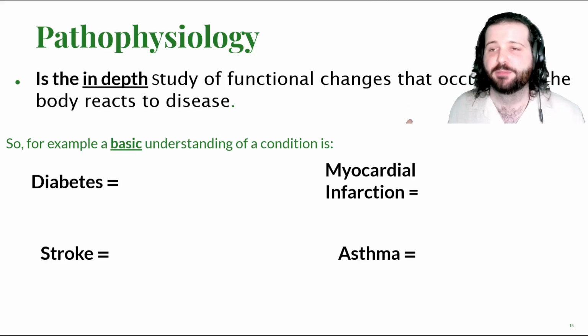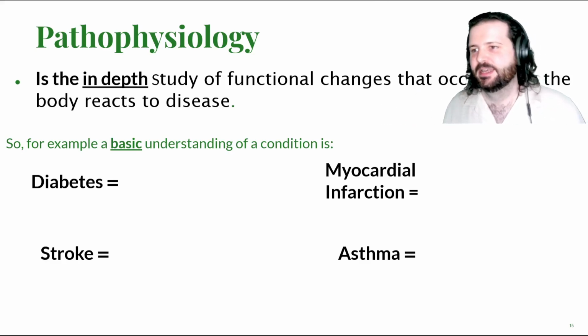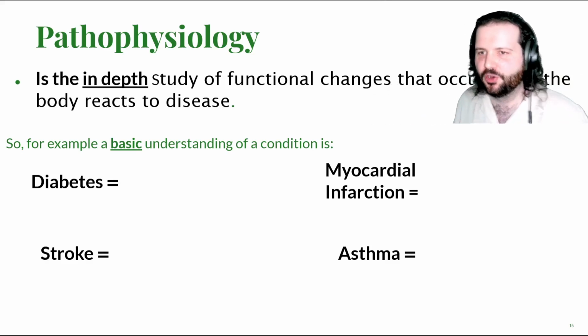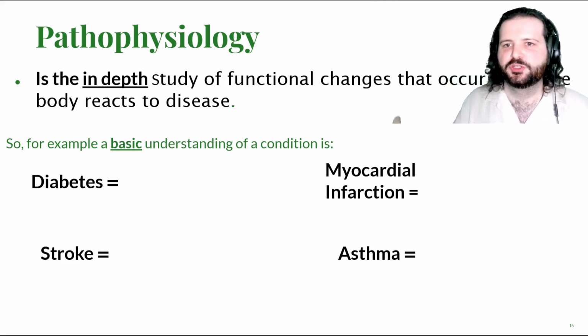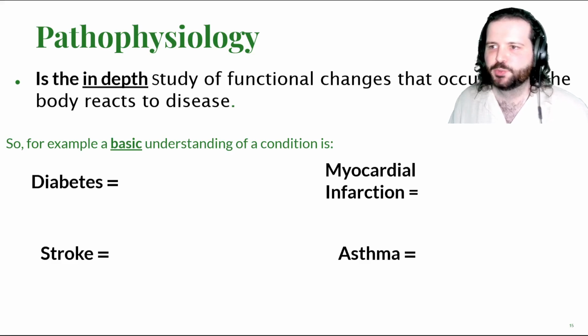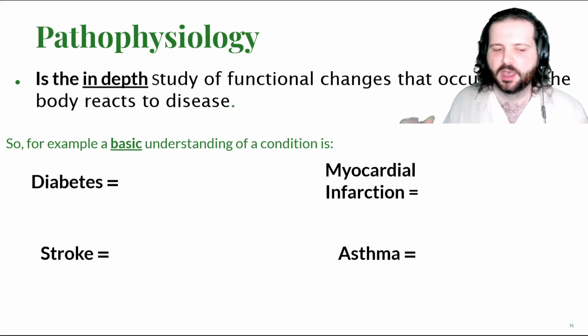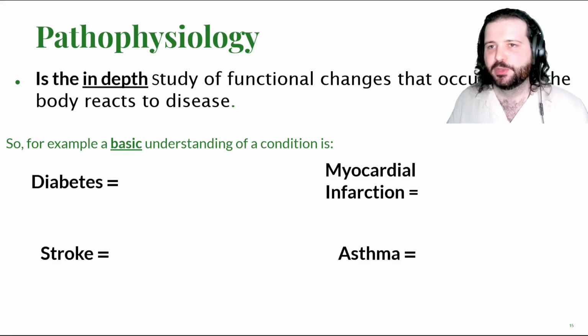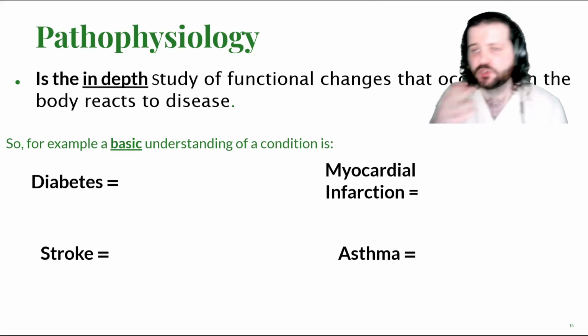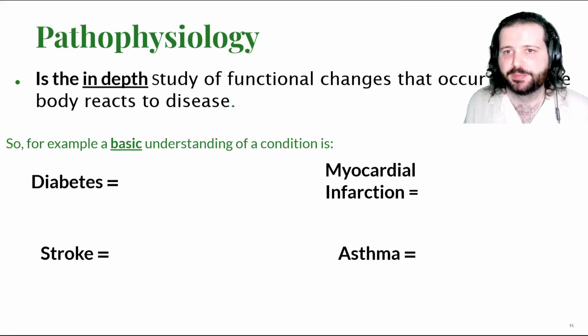You could talk about the proteins and ATP and development in the cells and all those different things. But for us as VEFRs, we need to get essentially to a basic understanding, because we don't need to know what's going on necessarily in the cells themselves, but we do want to know what system we are worried about with this person. So a basic understanding might be something like this.